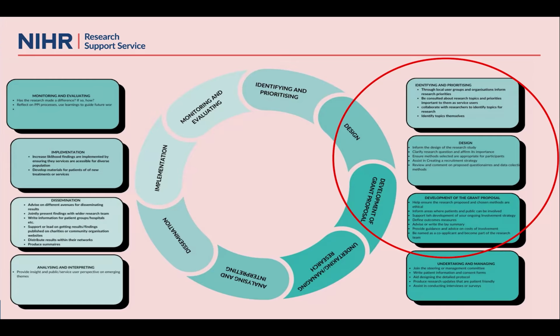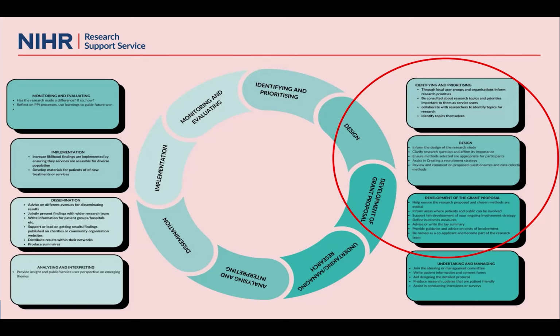Clarifying the research question and its importance, ensuring the methods are appropriate, creating a recruitment strategy, working with you to think about your ethics and things like that, planning for your future patient and public involvement and what their role can be throughout the course of the project.